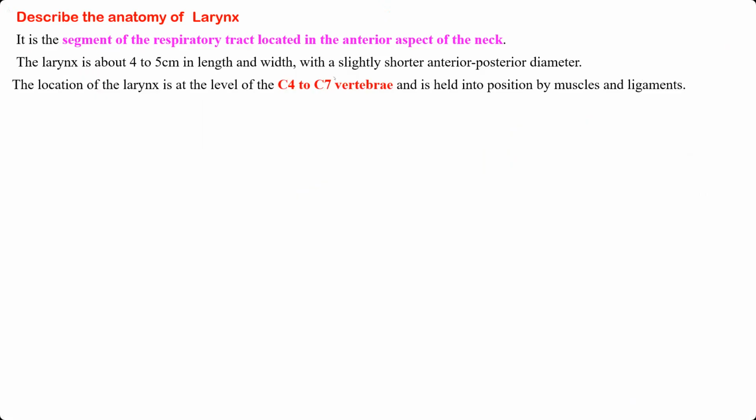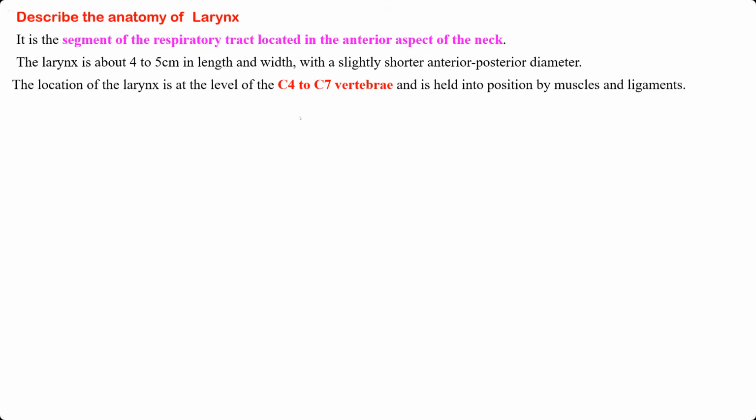What is the difference in a pediatric patient compared to an adult? The values I am saying are for an adult patient. In what way does the pediatric larynx differ from the adult? That is a common question whenever you get a pediatric case. It's a bit anterior and higher. Higher, C3. Yes. So instead of C4 to C7, it may be C3 to C5.